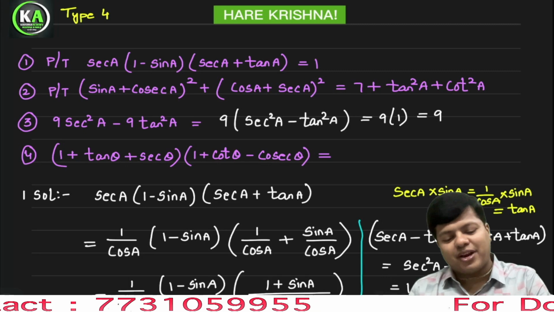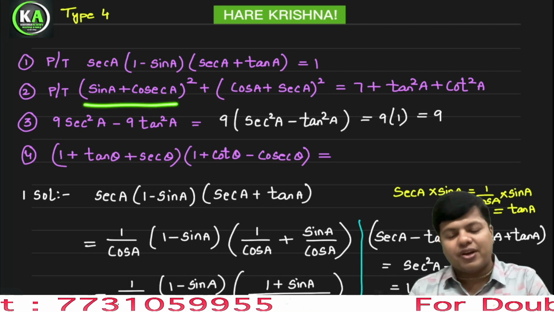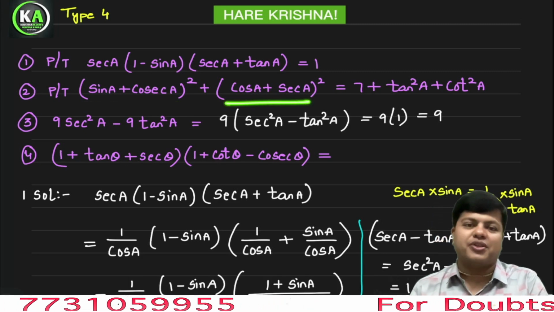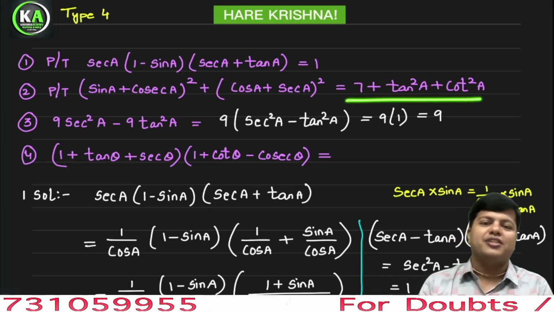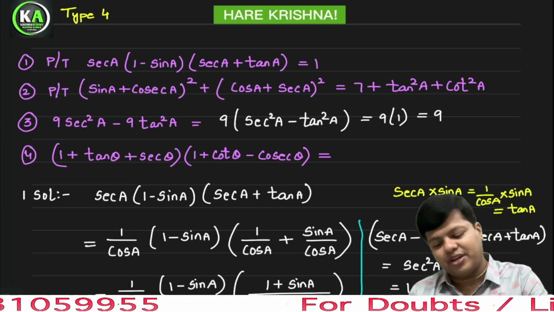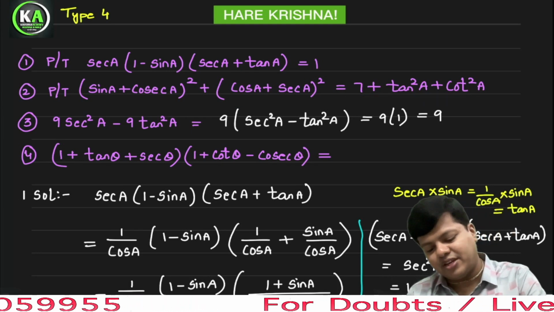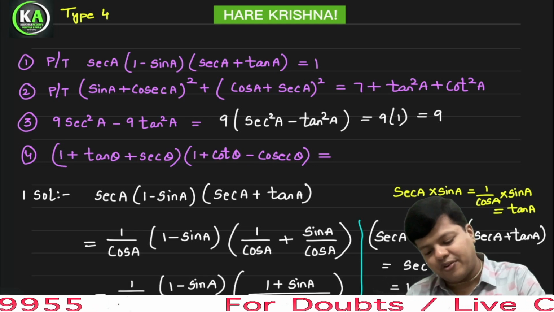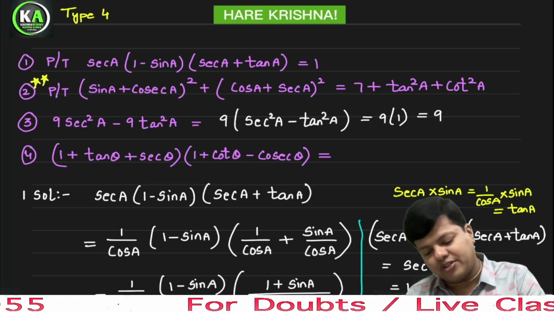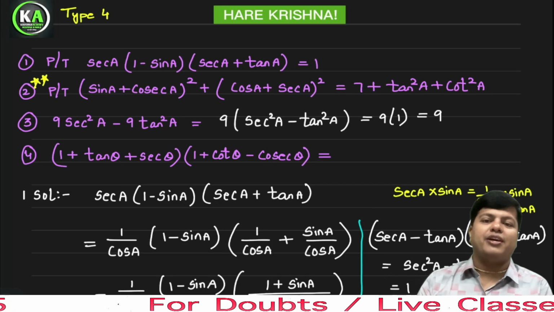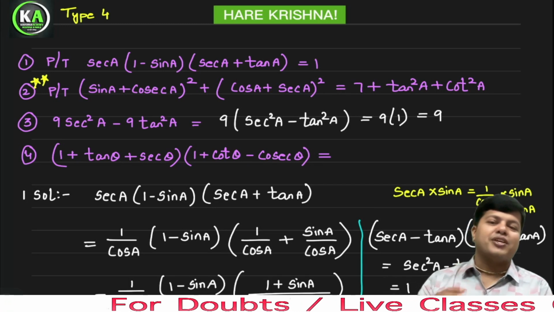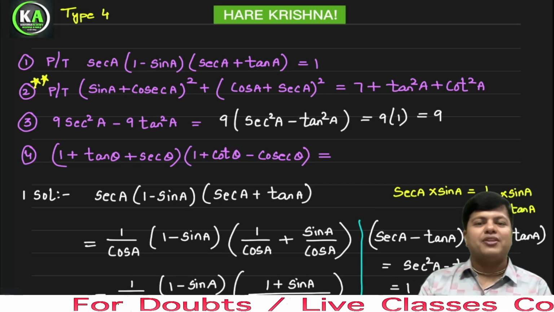So we need to expand. So I wrote here (a plus b) whole square. Just expand and you get this answer. This is a very important sum, student. You can mark this as a very, very important sum. Okay? So I think you understood this type 4.